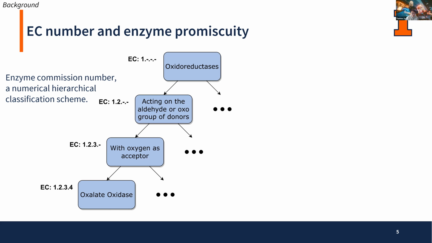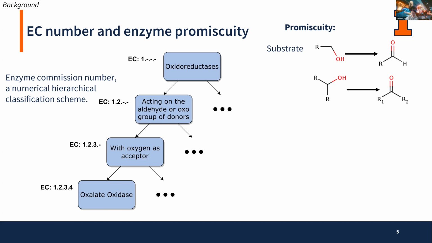Now, the primary, initial goal of our work is really to distinguish enzyme promiscuity. Enzyme promiscuity as a term means that enzymes sometimes can perform different reactions, and it can be defined differently in different literature.